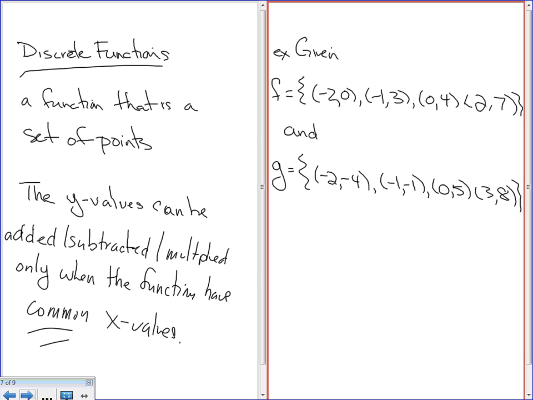Okay, so those two functions are discrete functions because they're just points, and if I was to ask you to graph them, you would just plot the points, you wouldn't join them together. Okay? So example, given these functions, determine this.